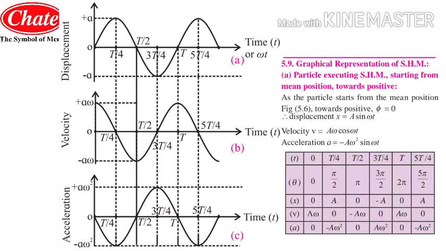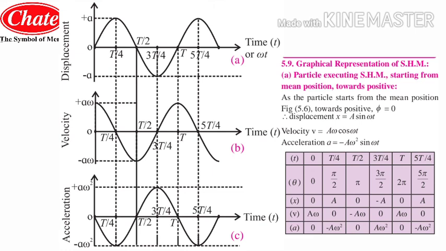First of all, the first thing you have to do is write the correct equations for the displacement, velocity and acceleration in the correct way. Then based on these equations you have to put the values of time t and theta, as you can see in the first two rows.